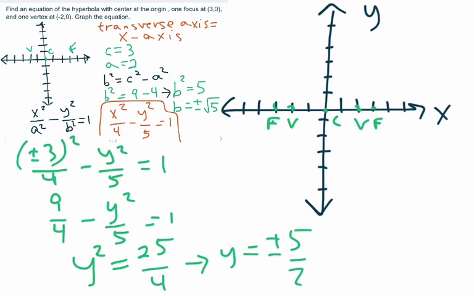This means that our additional points are at (3, 5/2), (3, -5/2), (-3, 5/2), and (-3, -5/2).